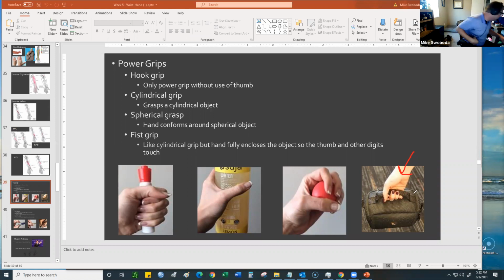All right, so play with me here. Imagine this is a nice huge box or whatever, and I'm trying to lift this off my desk here. If I get under this, and again, imagine this is much, much bigger, am I going to be able to get my thumb around the entire side of the box?